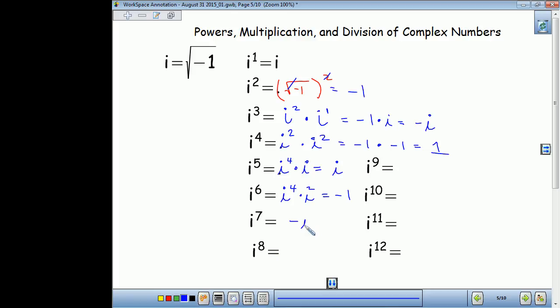Does everybody see that it started out i, -1, -i, 1. i, -1, -i, 1. It is a pattern. And it repeats every 4, doesn't it?